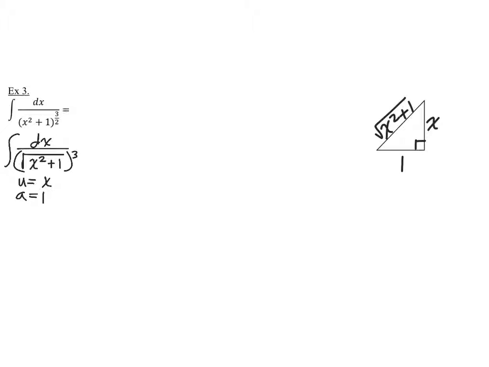Now what I want to do is create ratios. The ratio of the variable to the constant, and then the ratio of the radical to the constant. Fortunately, the constant's equal to 1. That's great news. So that's telling me that I have a ratio of x over 1. That's the tangent ratio because we're looking at the opposite side. I used the wrong colors. Hold on. I want to go blue for those keeping score at home.